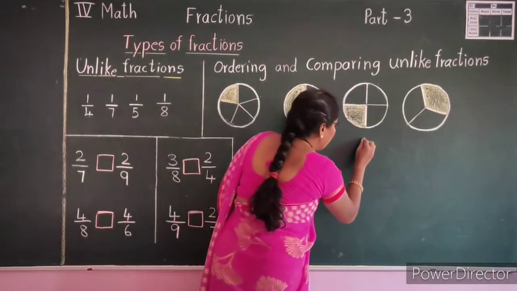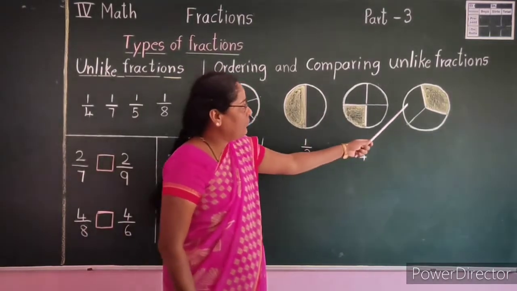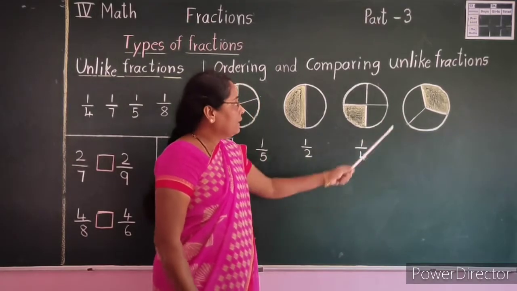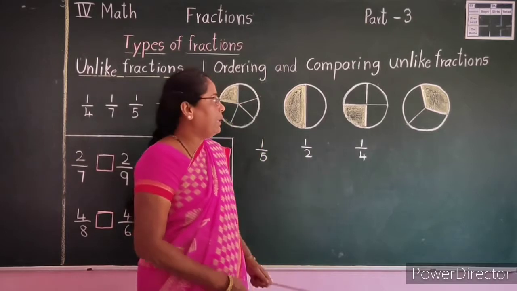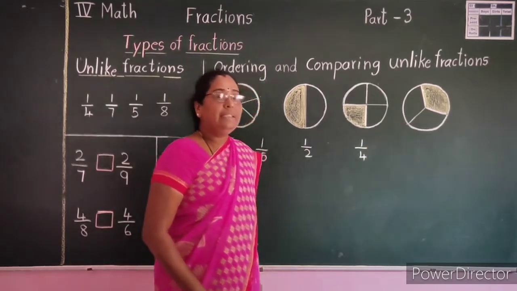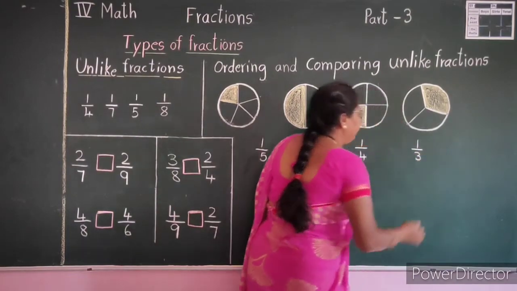The fraction is 1 by 4. Let's see the last one. This circle is divided into 3 equal parts and one part is colored. That is 1 by 3.